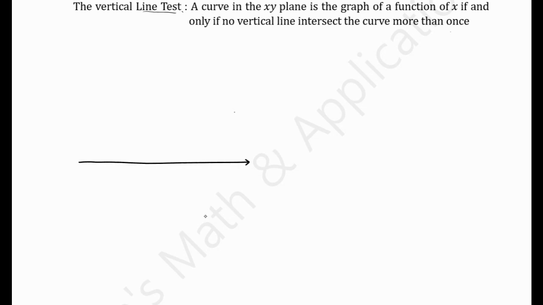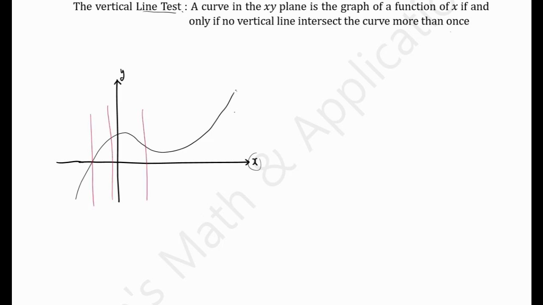When the independent variable and dependent variable are continuous, the function is represented by a graph of the independent variable and dependent variable, and the curve is like this. The vertical line test is, we draw a vertical line, and we check the intersections.